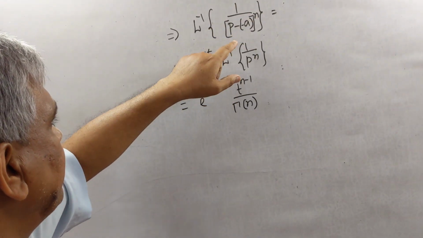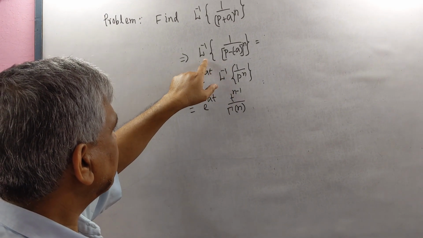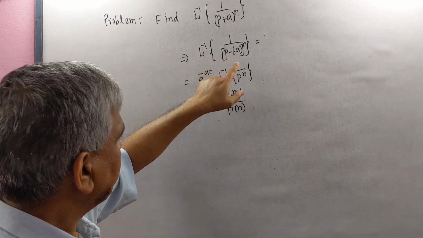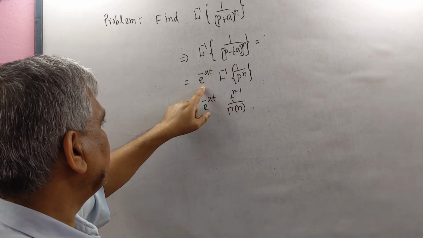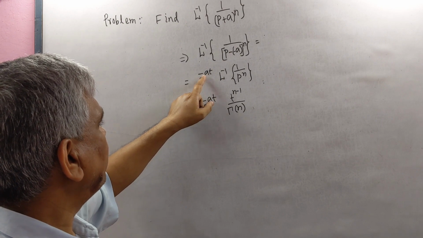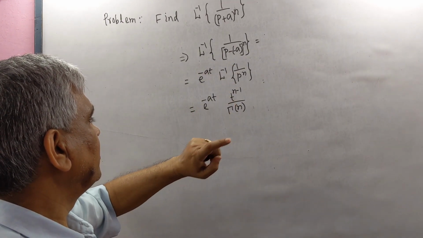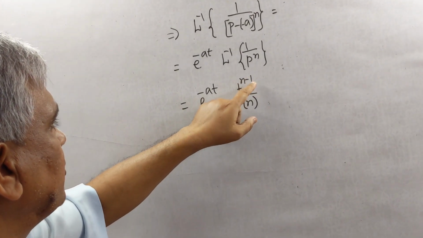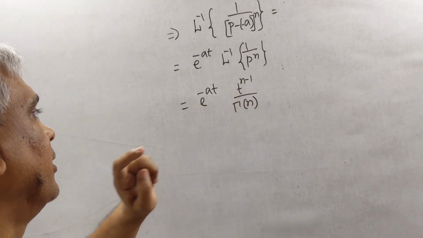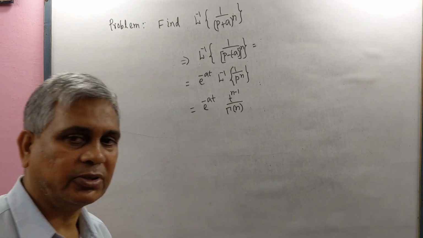So we may take, by the first shifting theorem, e to the power minus at outside, in place of a is minus a, and L inverse 1 by p to the power n is t to the power n minus 1 by gamma n. So e to the power minus at times t to the power n minus 1 by gamma n. This is the required solution.